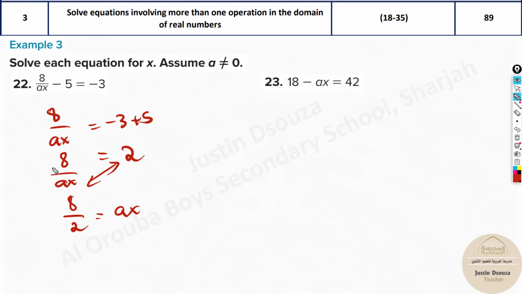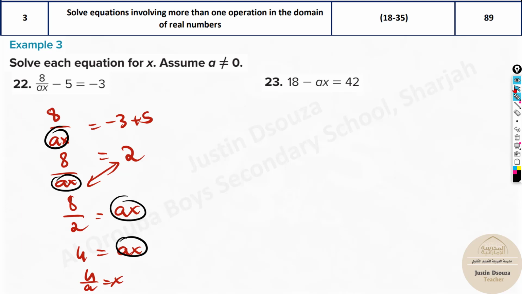New denominator, when it moves to the other side of equal to, becomes numerator, and this numerator becomes denominator. Now 8 by 2 is 4, ax. A to the other side, 4 by a equals x. Now this again, you can see the ax value acted like a variable, like a single term, right, till the end everywhere. 4 is the answer. Lastly, you just divide by a.